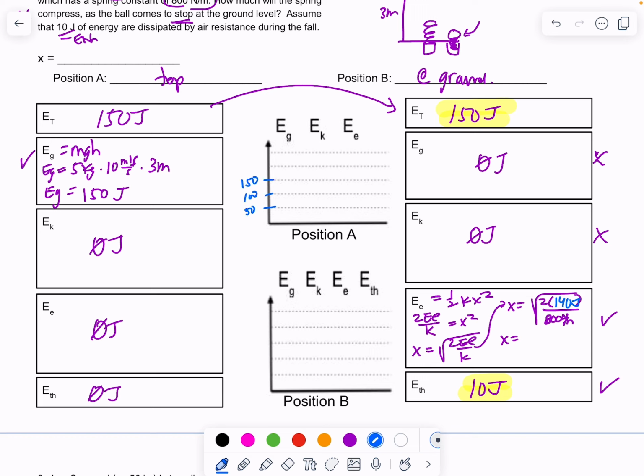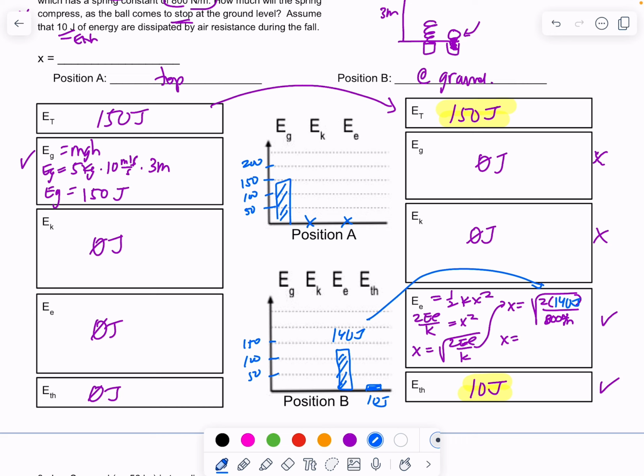My initial is going to be EG of 150, and then nothing here. 50, 100, 150. And now my thermal is just 10, and my EE is going to be 140. That's how I know what to put here.